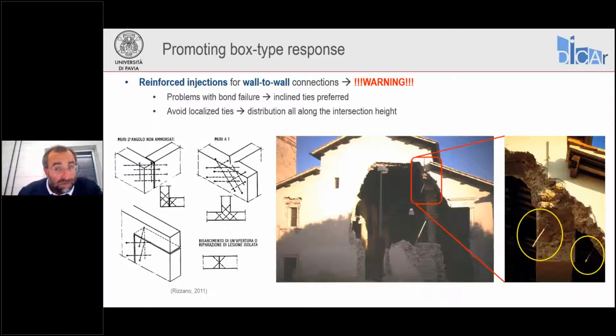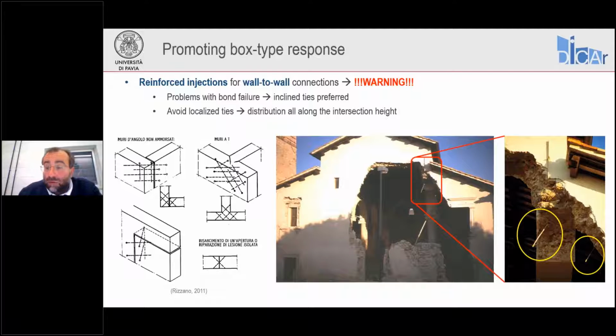However, we need to be careful on how we implement this kind of intervention. First of all, we may have problems with bond between the reinforcement, usually rebars, within the intersection. So it may be preferable to use inclined ties, inclined bars, to avoid problems related to debonding and then to ineffectiveness of the intervention.